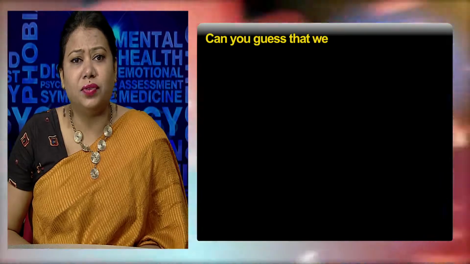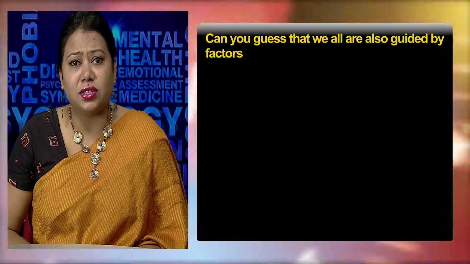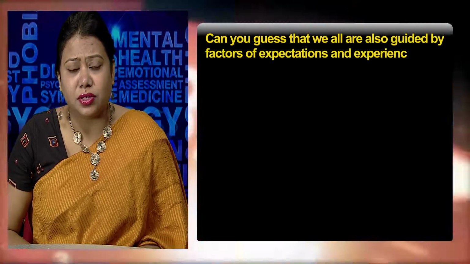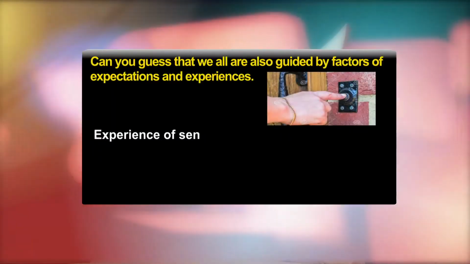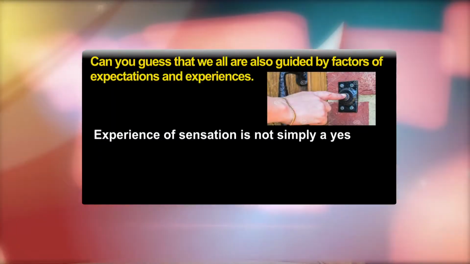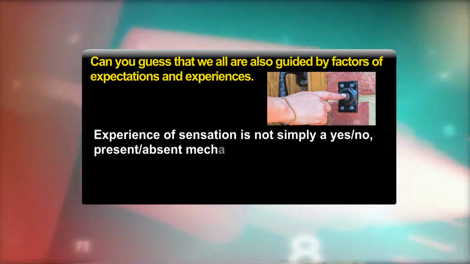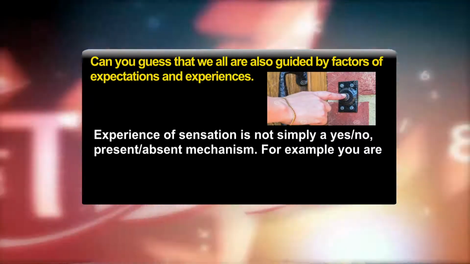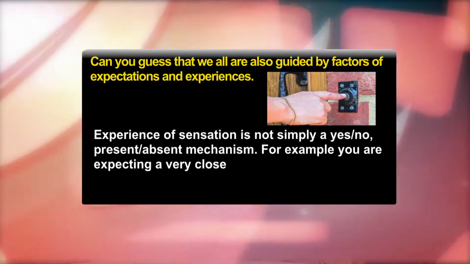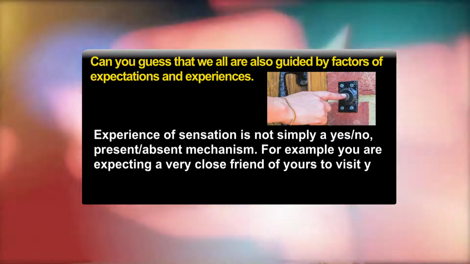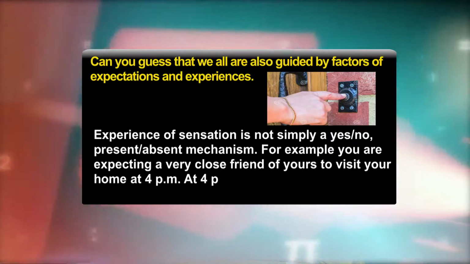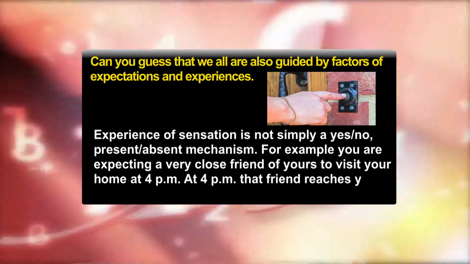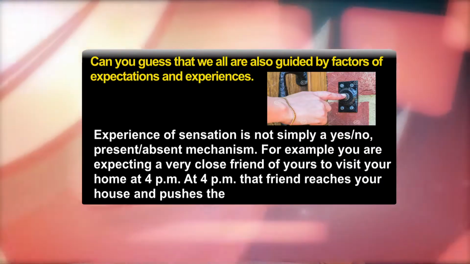Can you guess that we all are also guided by factors of expectations and experiences? Experience of sensation is not simply a yes or a no, present or absent mechanism. For example, you are expecting a very close friend of yours to visit your home at 4 p.m. At 4 p.m., that friend reaches your house and pushes the doorbell button.